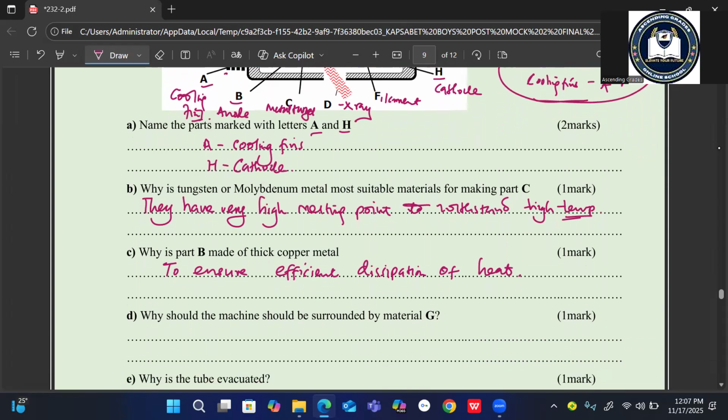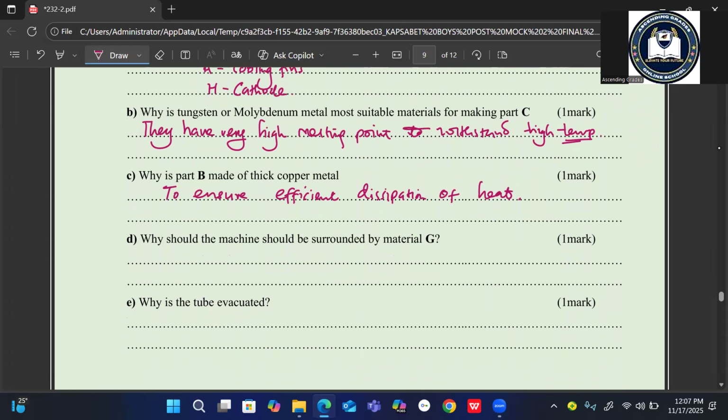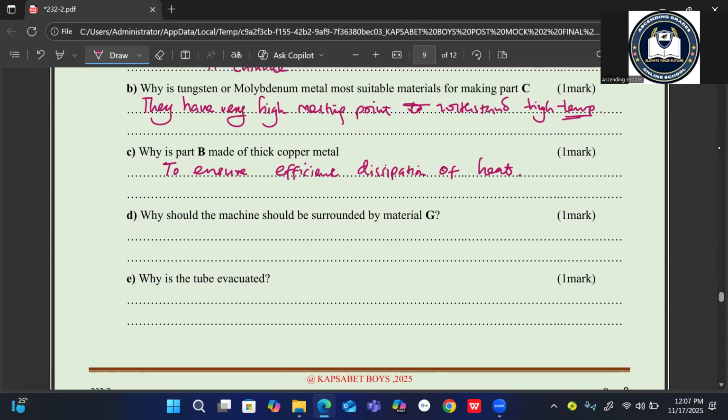Why should the machine be surrounded by material G? Remember, material G, we said it is lead.